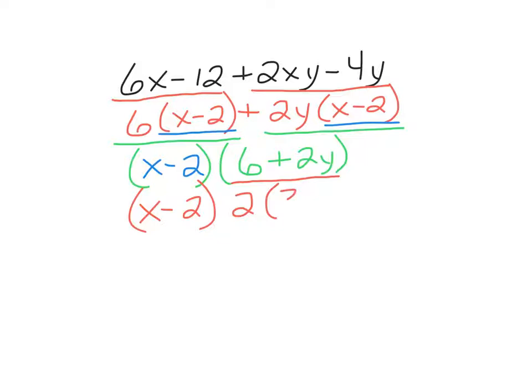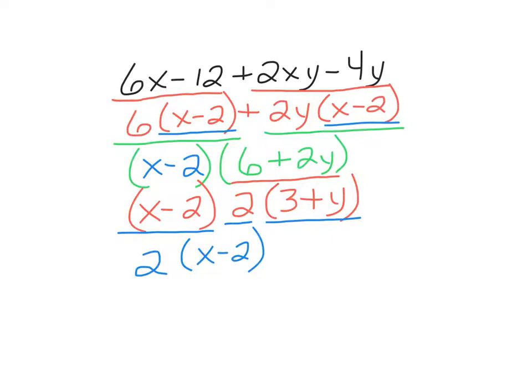When I do that, I get 3 plus y, and it's times 2. So I really, for my final answer, have 3 different factors: x minus 2, 2, and 3 plus y. Oftentimes in the answer book, you would see the 2 come first, followed by the other 2 sets of factors. So I will rewrite it that way.